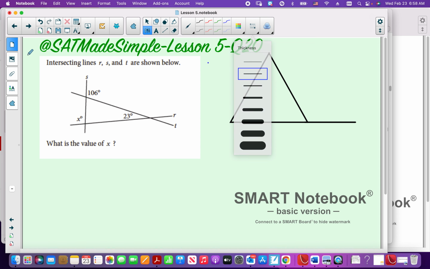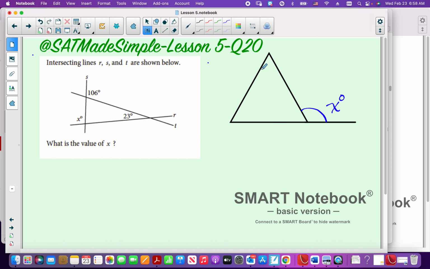In this question, we need to be familiar with the external angle property. In this triangle, if this angle is x degrees and this angle is y degrees, and this angle is z degrees, x is considered for this triangle to be an external angle, and the rule says external angle equals the sum of non-adjacent angles, or the sum of remote angles.